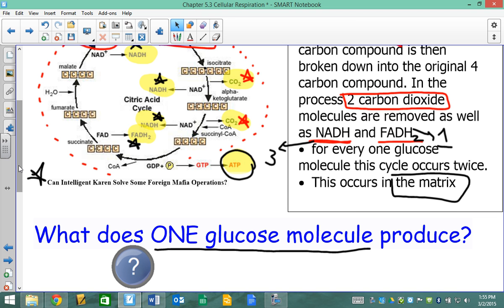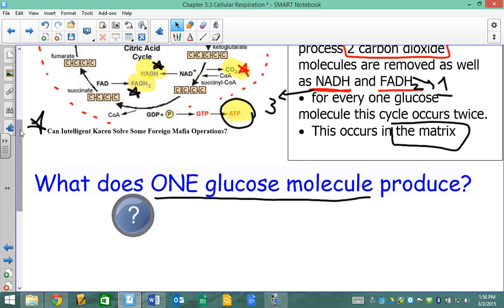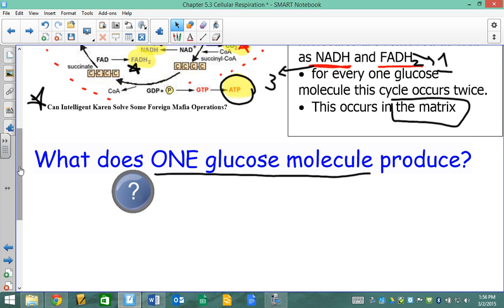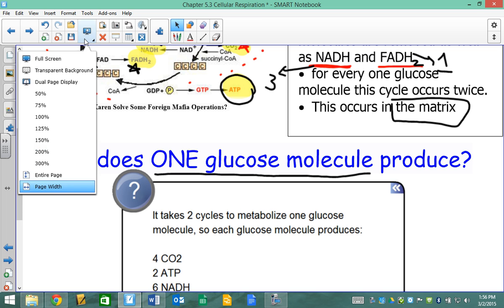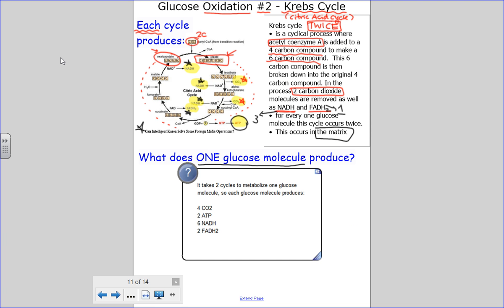So for me to give the products, or the things that are important to know that come out of the Krebs cycle, I have to take everything that happened there and multiply it by 2. So since it takes 2 cycles to metabolize one glucose molecule, each glucose molecule will produce 4 CO2s, 2 ATPs, 6 NADHs, and 2 FADH2s.